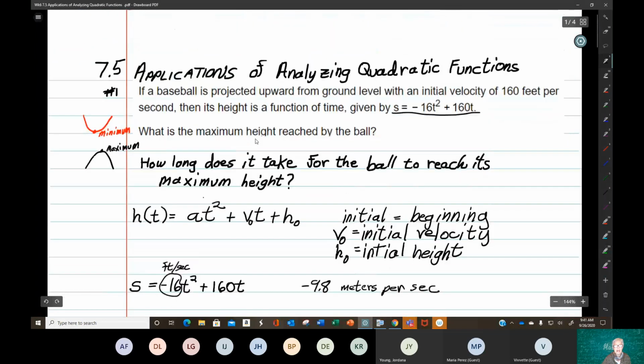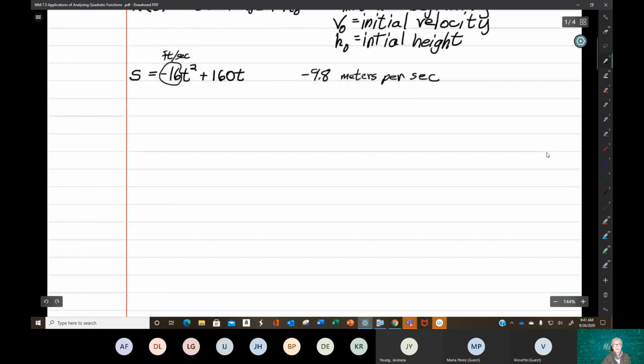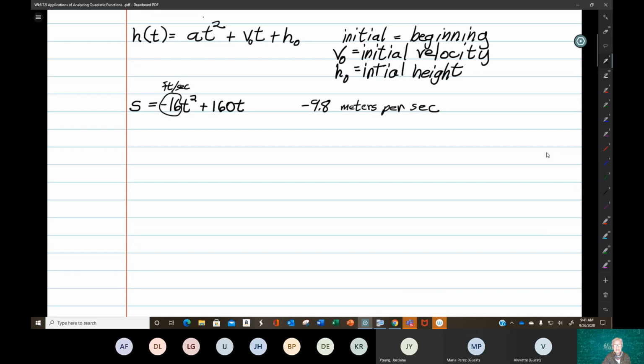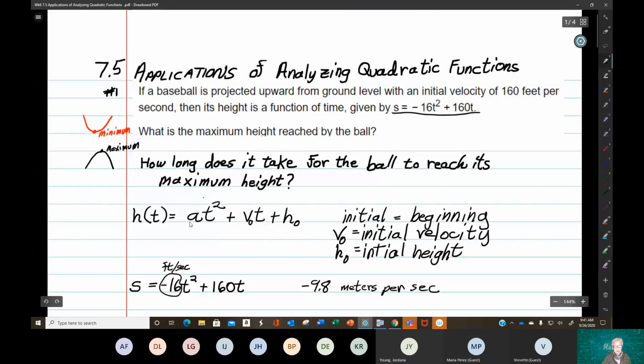So here's what we're being asked. What is the maximum height reached by the ball? And I added, and how long does it take for the ball to reach its maximum height? Because you're going to automatically find out both answers anyway. How? You're going to be finding the vertex, the maximum height of a quadratic, which is what this is.